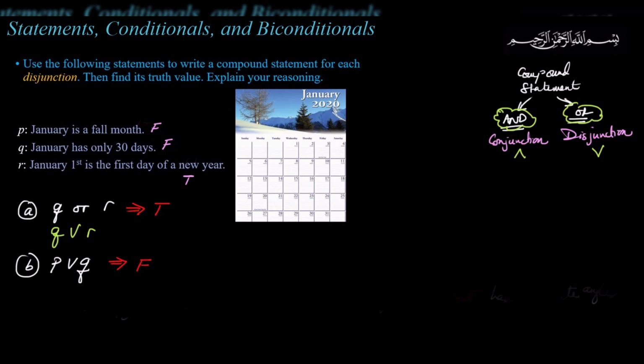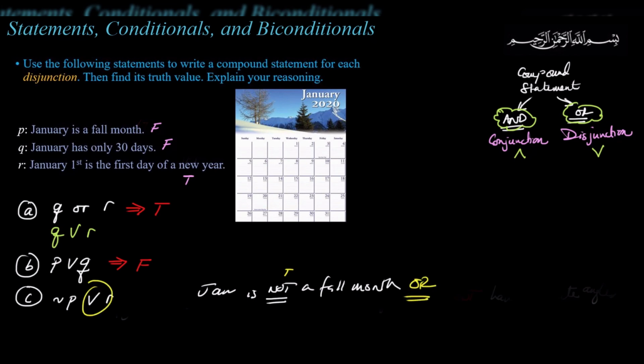All right, let's see if we can do C over here. C says not P or R. So not P is, January is not a fall month. That's true, correct? You take a false statement, you make it negative, and it is now true.